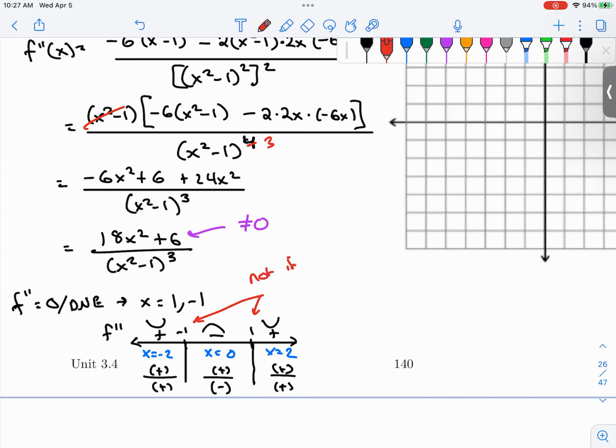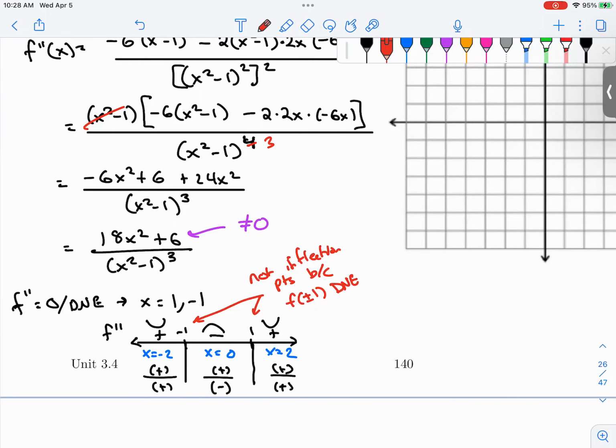Not inflection points, because f of plus or minus 1 does not exist. Now I would write concave up, concave down, but we don't have any space left, and we're only going to be using it to make the graph, so we don't need to list it down. So there aren't any.